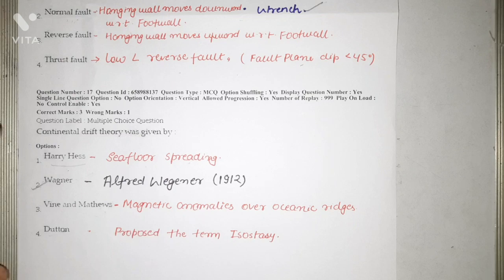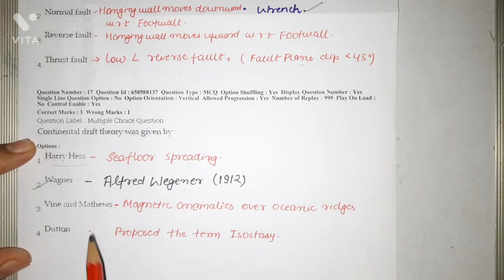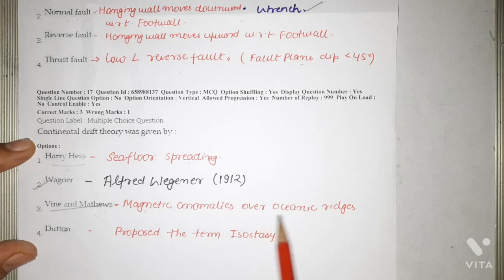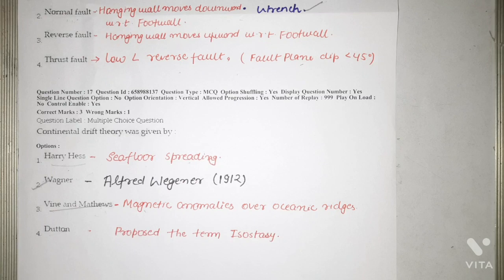So according to these three scientists, the hypothesis named the Vine, Matthews and Morley hypothesis is related to the magnetic anomalies over oceanic ridges.